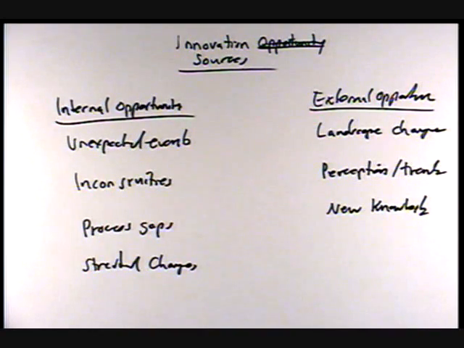External opportunities, the landscape of the marketplace changes. That's where we really need to get back into the marketplace to get our thumb on that. And perceptions and trends. We need to read more trade mags and things like that, because the perceptions of the ERP industry are probably as important as the actual landscape changes.